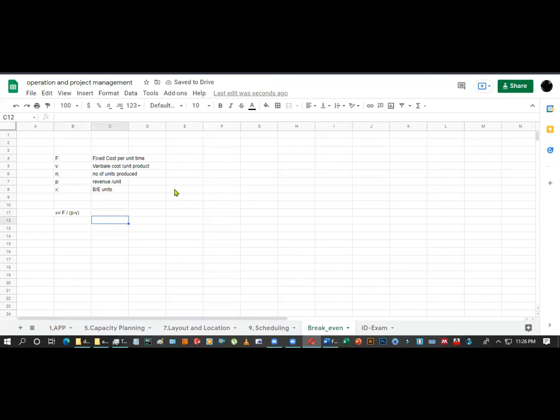So in order to get the break-even unit, we need to put the values in here and put this formula in this cell.